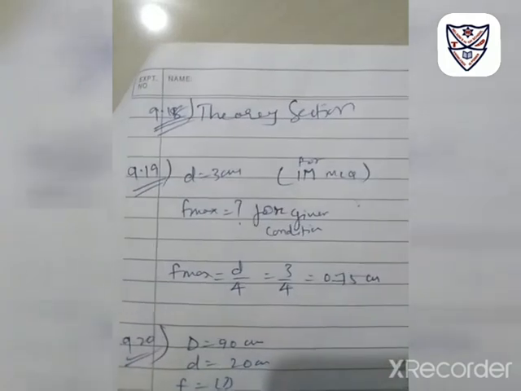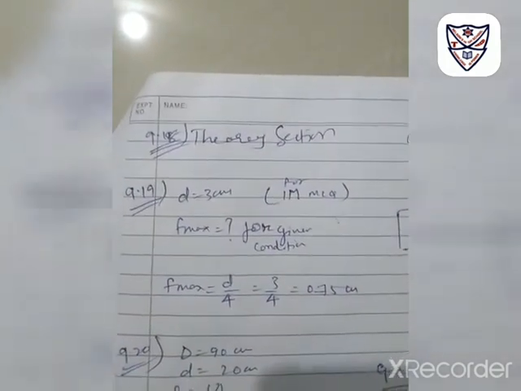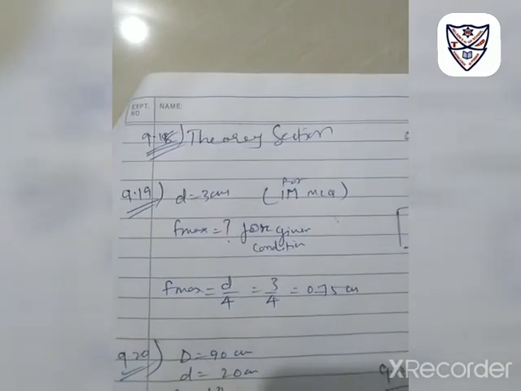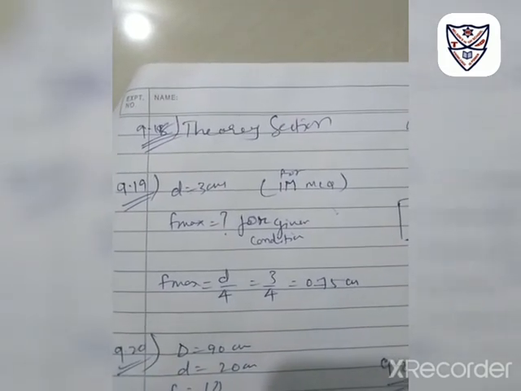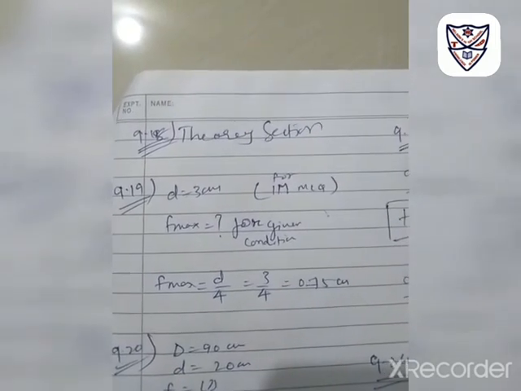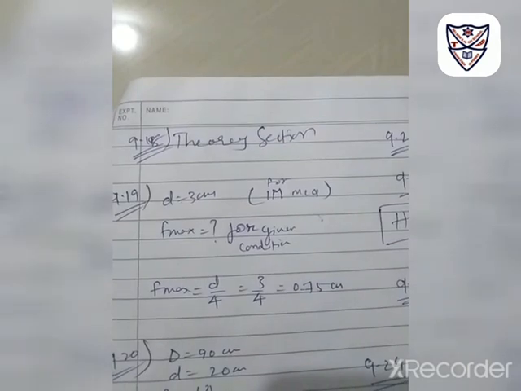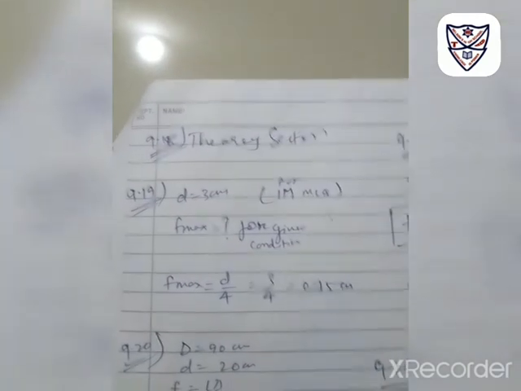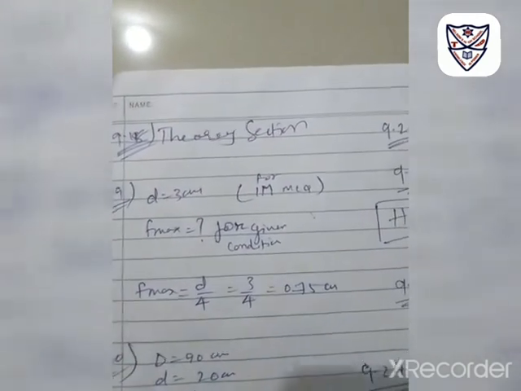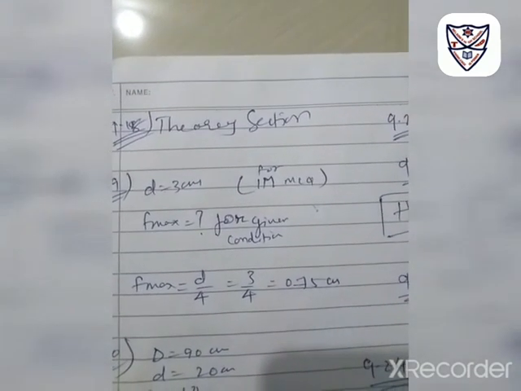Now 18.1 is also a theory section which we have discussed in the theory part video. Now see for 19.1, it's also a very small sum for 1 mark MCQ. Here they have given D is equal to 3 centimeter.